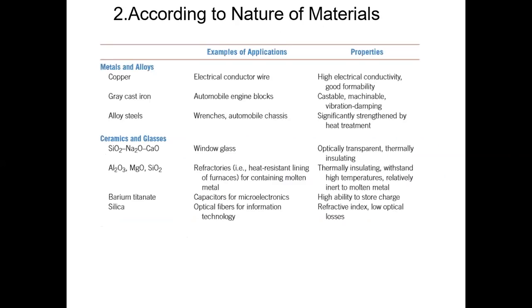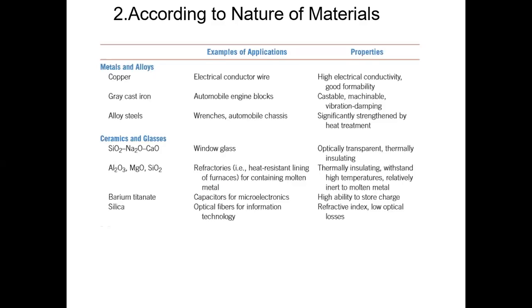So another way is according to the nature of materials, right? For example, metals and alloys in one group, ceramics and glasses in one group, like that. Copper, cast iron, alloy steels, we can group together.